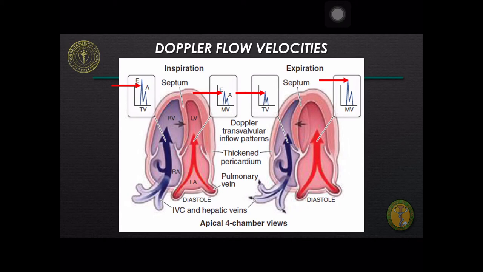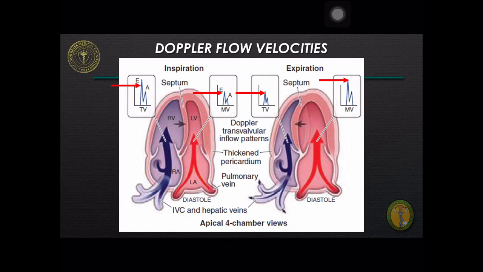In the presence of cardiac tamponade, the Doppler ultrasound shows marked increase in the tricuspid and pulmonic valve velocities during inspiration, whereas the pulmonary vein, mitral, and aortic valve flow velocities diminish. During expiration, the opposite occurs.